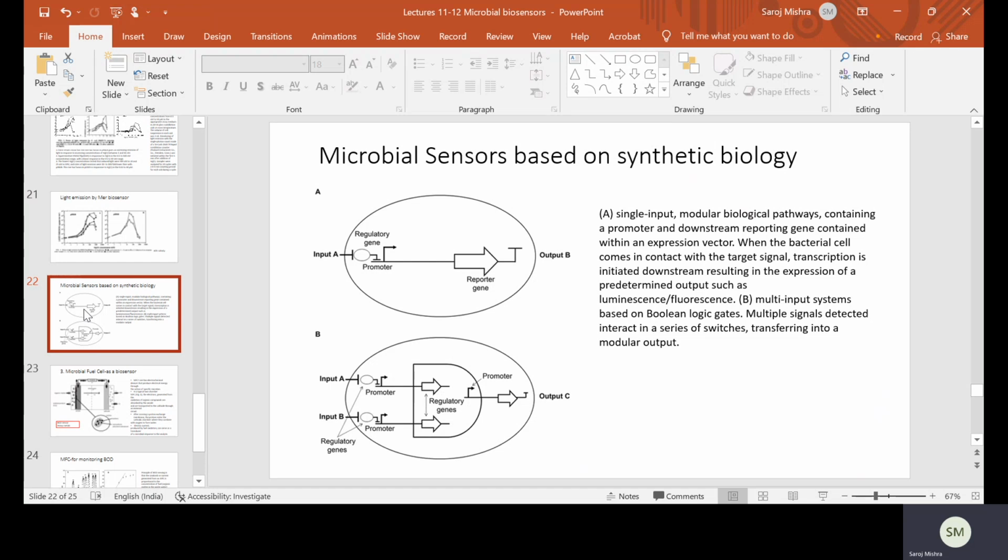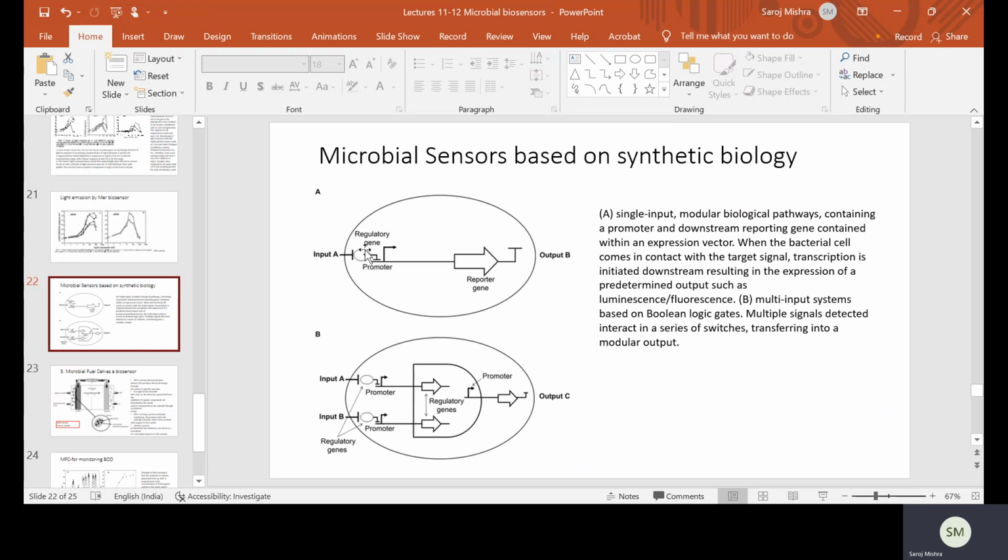Eventually, when you start to build a genetic circuitry like that, you enter the field of synthetic biology. So here is a microbial sensor based on synthetic biology. What we expect here is input A. This input could be a metal or some other pollutant which enters inside the cell.